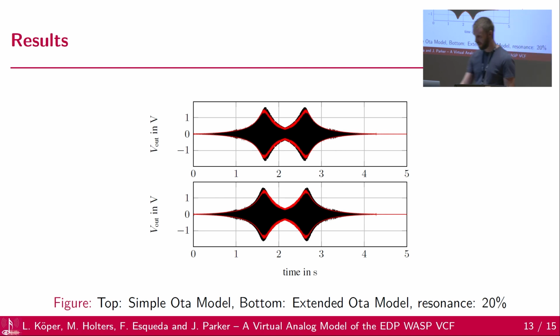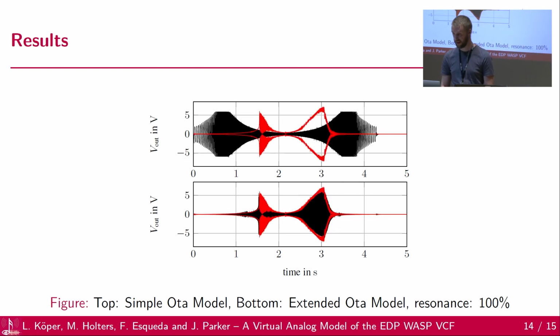And what you also can see here, so the black waveform is the model, and the red one is the measurement, so the envelope of a measurement, basically. And you see, okay, we behave a bit differently, but very close to the measurements.